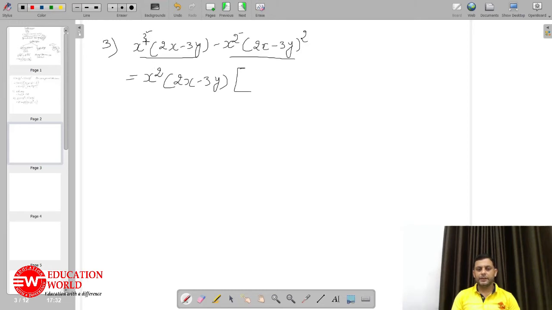In place of 3 you have taken 2 out, so 1 is still left. Here 1 you have taken common, minus you have taken 2 common, so no x outside. 1 you have taken common, so 1 is still inside. This can be solved, so we will solve further. Inside the bracket we can solve further.